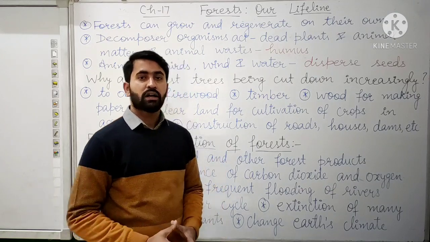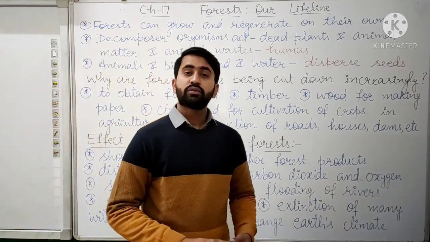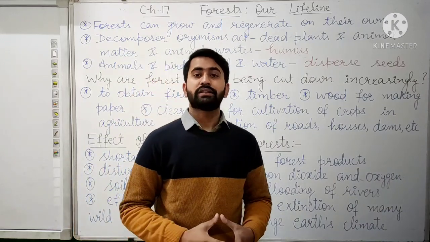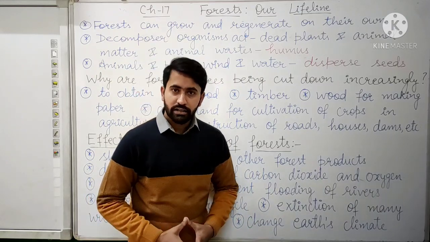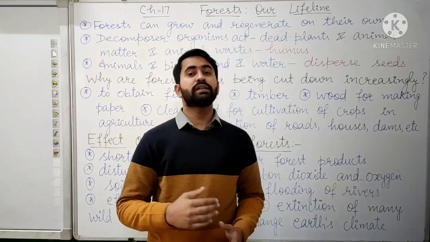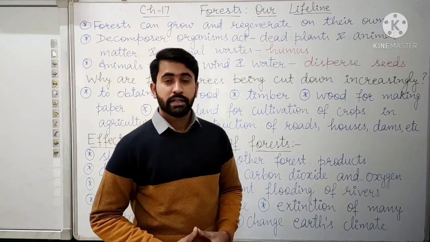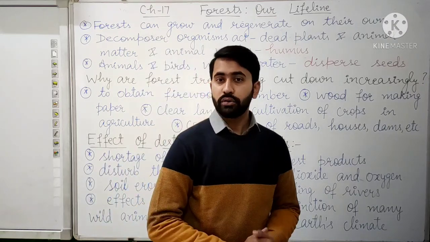Now we will learn about the effects of destruction of forest. We just read that the trees in the forest grow on their own. When the trees are cut down in a forest, new trees grow in their place naturally after some time. But the new trees in the forest grow at a slow rate.